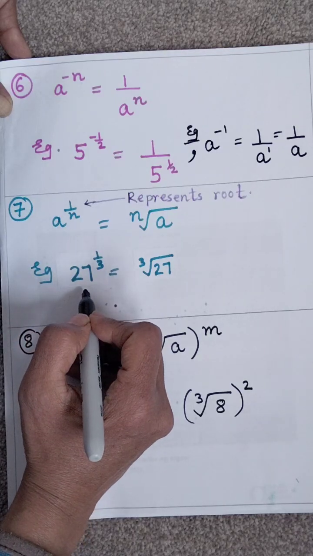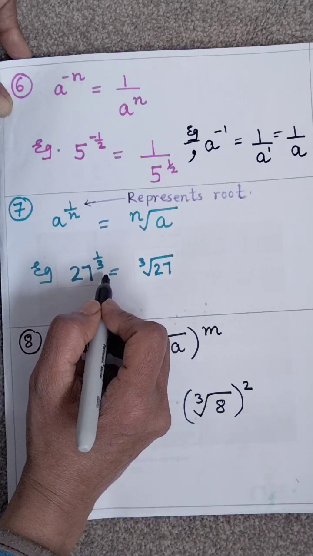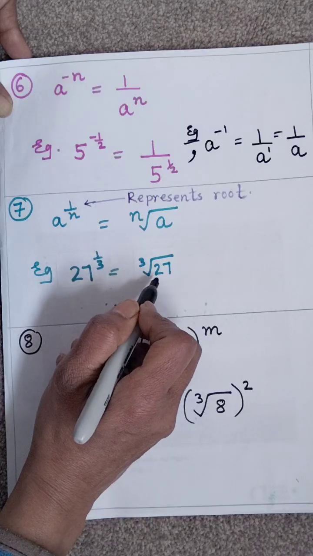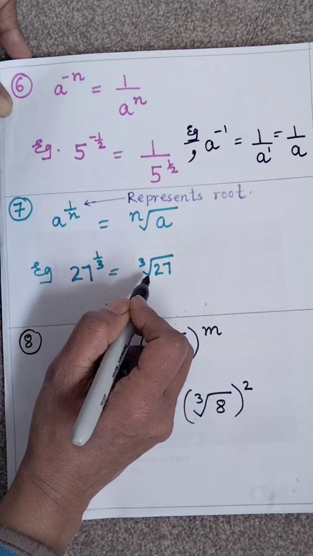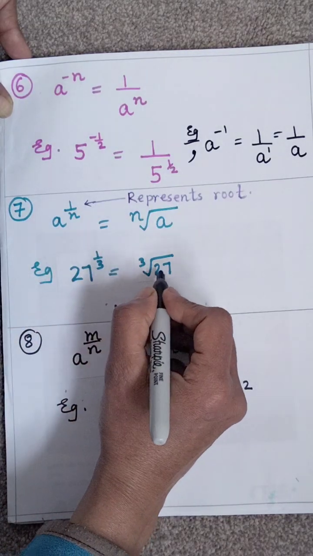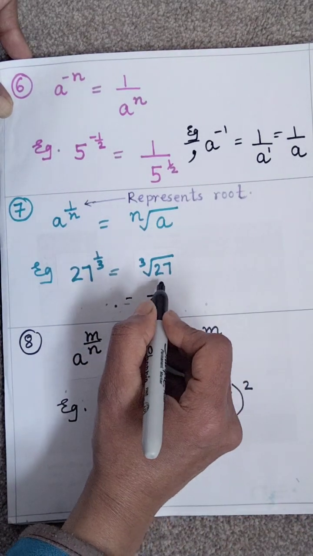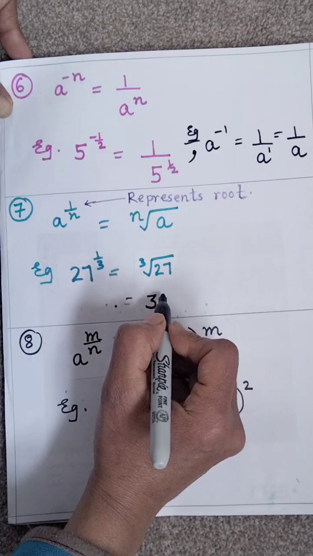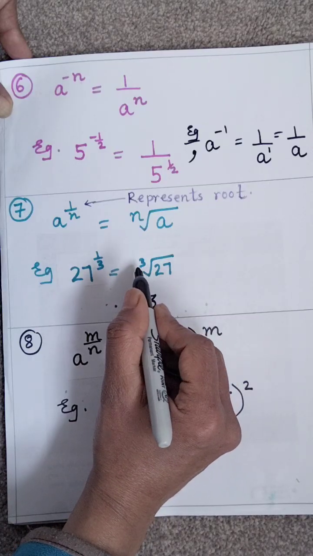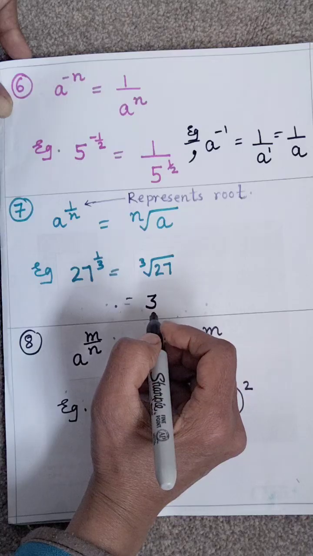Example, 27 raised to 1 over 3 is equal to the third root of 27, that is the cube root of 27. What is the cube root of 27? It is 3, because 27 is 3 times 3 times 3. So the cube root of 27 is 3.